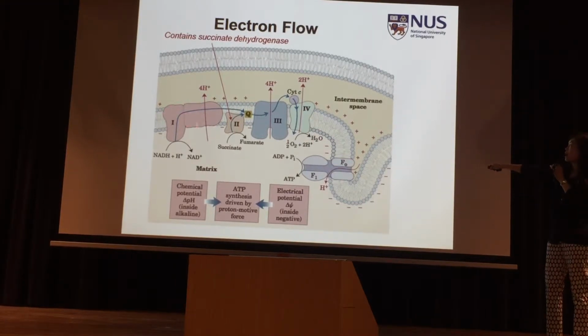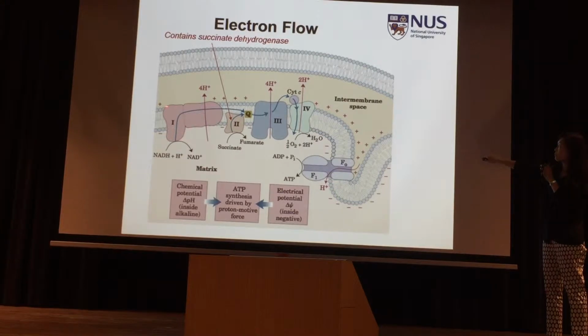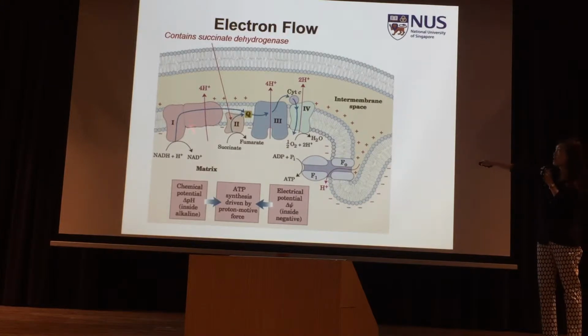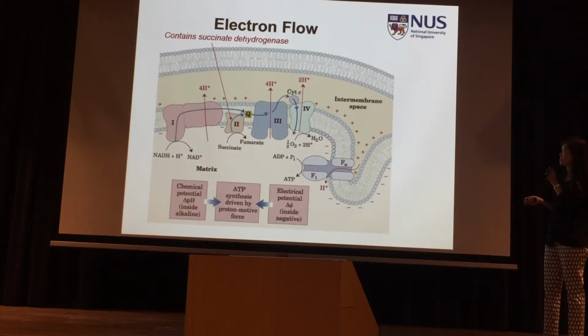Now these lumps here are proteins, and we call them protein complexes: complex 1, complex 2, 3, 4. These are the electron transport complexes. They do the job by undergoing consecutive oxidation-reduction processes to pass your electrons.